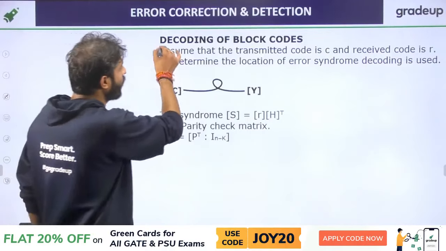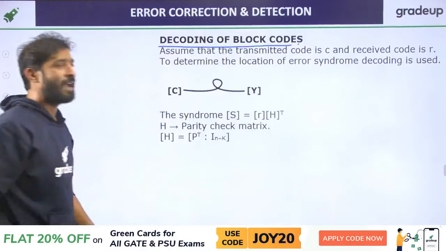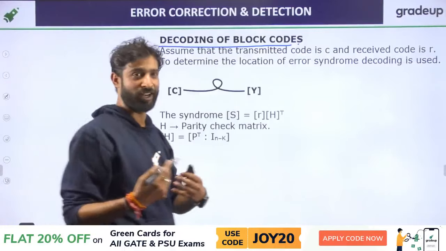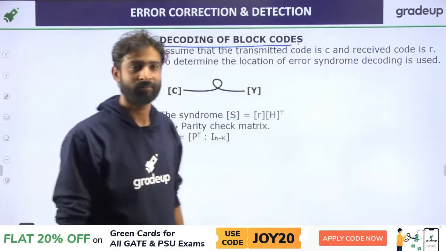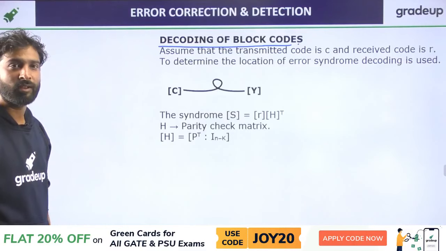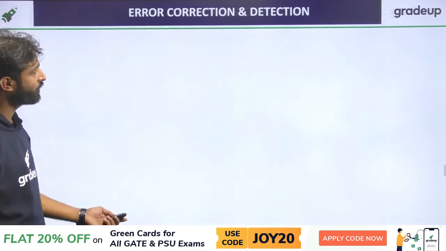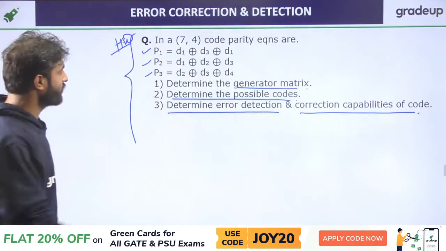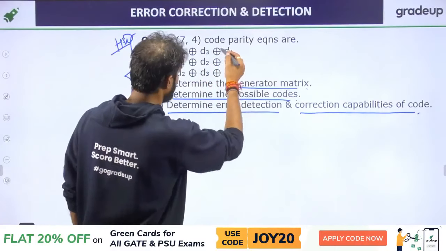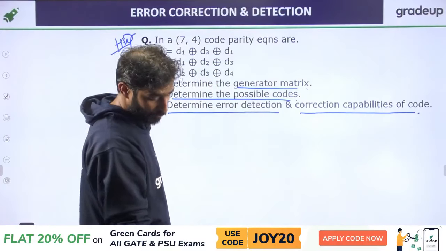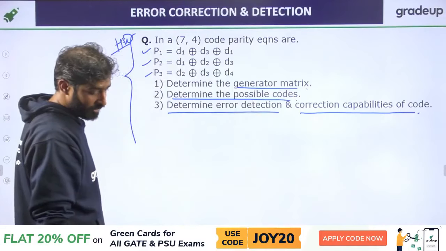Now, decoding of the block codes, right? Decoding of the block codes, how any code is basically detected. Yes, Nimish, is there a mistake in the question? Yes, D1, D3, okay, yes, there will be a mistake. For this question, I am writing again: D1, D3, D4.